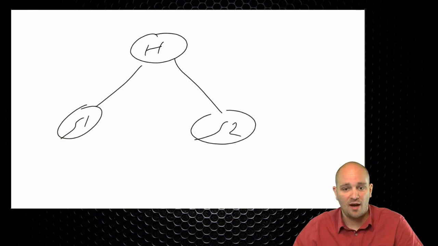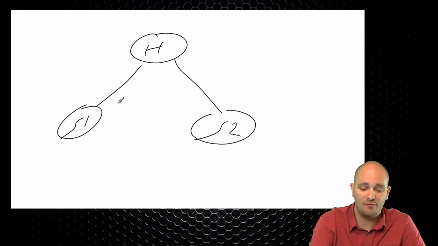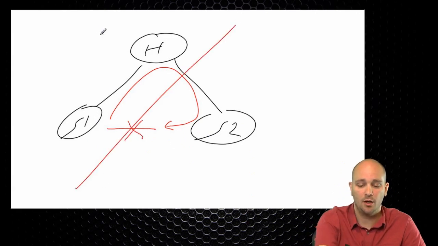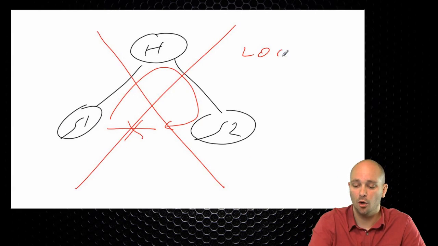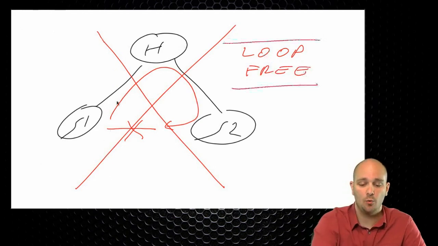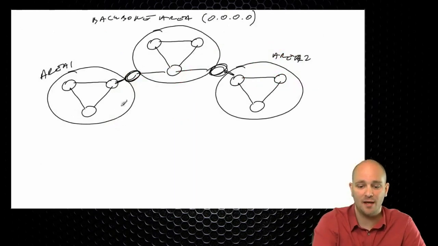Now, if you have hub and spoke, can you actually have a loop in a hub and spoke environment if you don't have spoke-to-spoke connectivity? You cannot. This is loop-free by definition. So this is why we have area 0, why we have the backbone area.